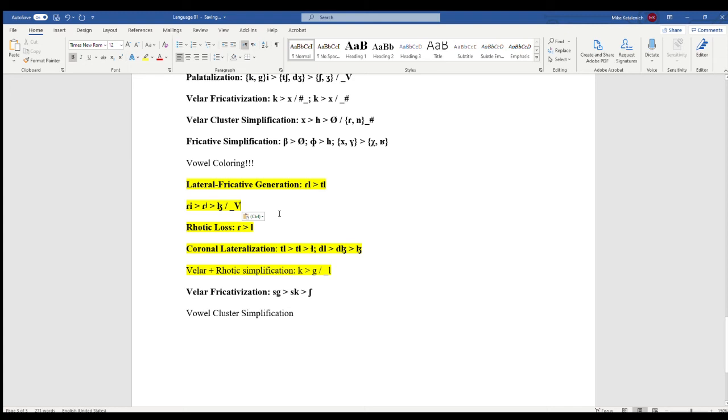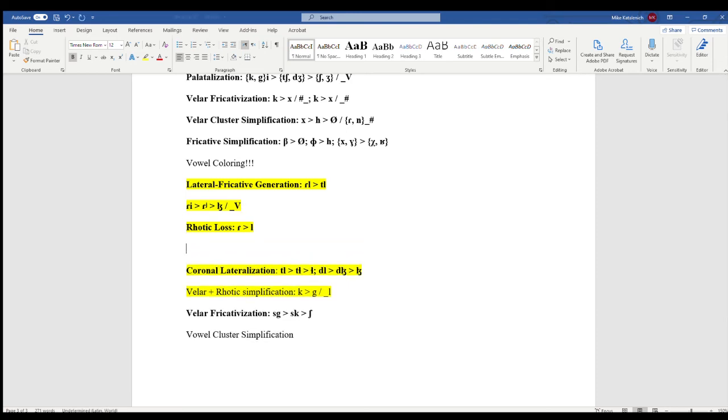Oh, and because is L going to do that when it palatalizes? Yeah, actually, I think I can just have that be this.